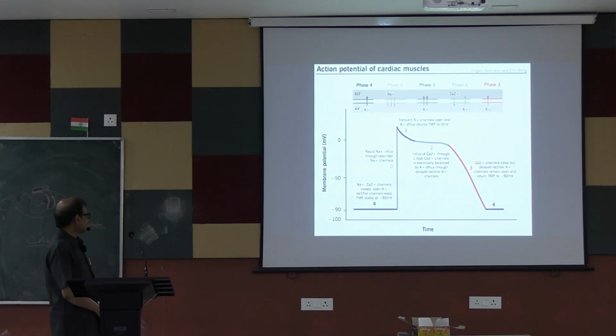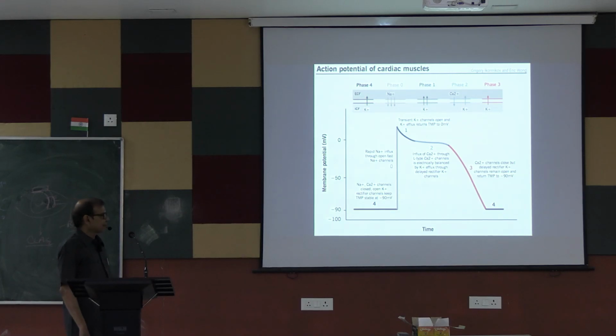Phase 4 means the transmembrane voltage is about minus 90 millivolt. Then there is opening of the sodium channel and influx of intracellular sodium produces rapid depolarization. This is phase 0.